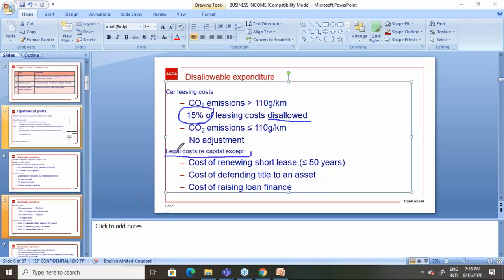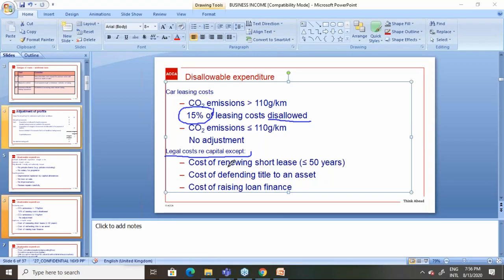Then legal cost. If you have incurred legal cost to acquire a property, that is a capital type of expenditure, so it's not allowed. However, there are special types of legal costs that are allowable when calculating the tax adjusted trading profit, such as if you're renewing a short-term lease.